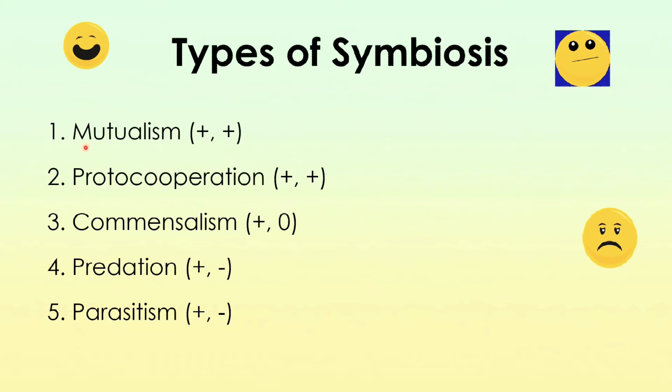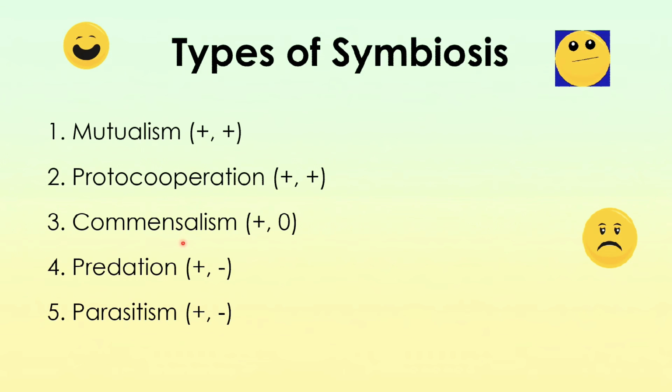First we have mutualism, and for this we will have the sign positive. Number 2 we have proto-cooperation, also with the sign positive.